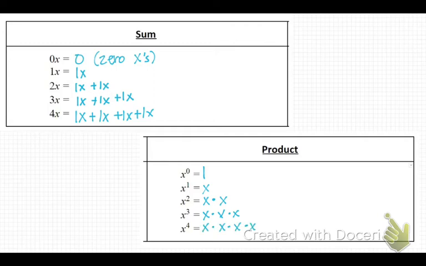So when we go back to x to the 0 power, I can't multiply by 0 x's because that will give me 0, because multiplying by 0 is 0. So instead, each time I multiply by 1, multiply by 2, multiply by 3. If I'm going backwards, what do I do? That's the opposite of multiplication. Division.